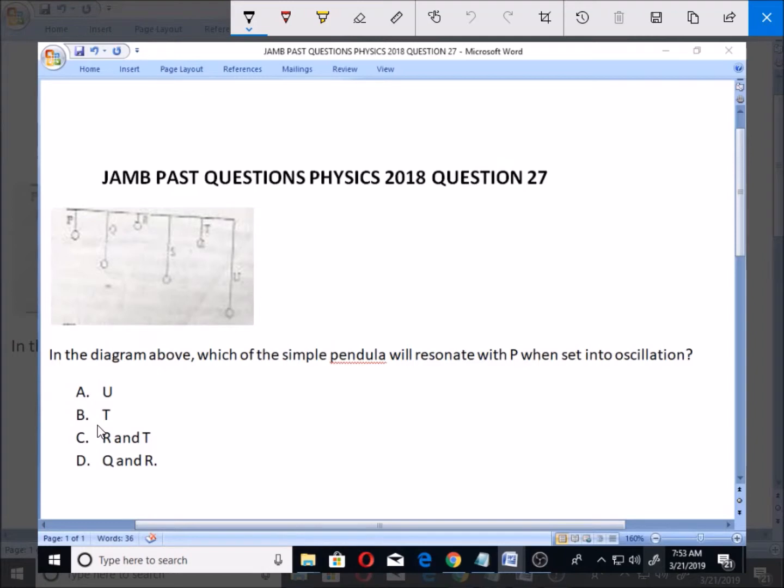But before I arrived at this answer, it is pertinent that we know what resonance is when you're talking about a simple pendulum.